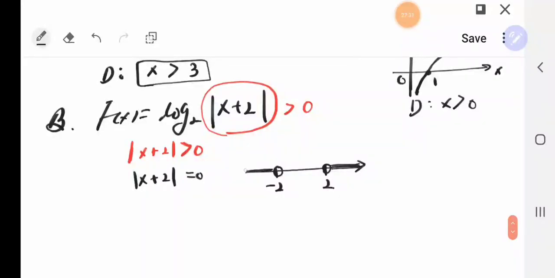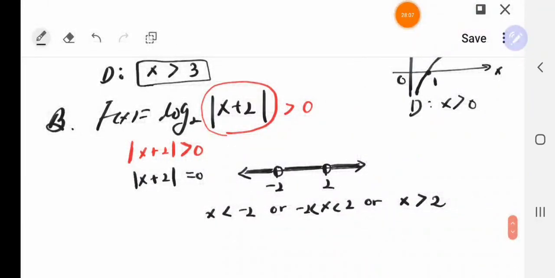As long as x is not equal to 2 and negative 2, it satisfies. So x should be less than negative 2, or between negative 2 and 2, or greater than 2.